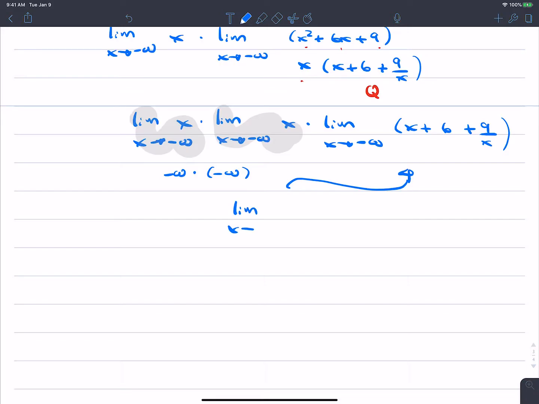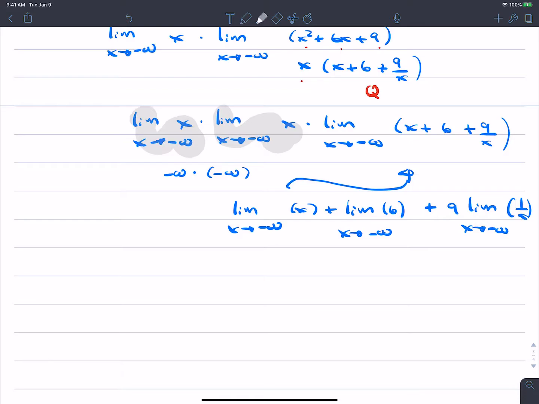Limit as x goes to minus infinity of x plus the limit of 6, right? Plus 9 times the limit of 1 over x as x goes to minus infinity.